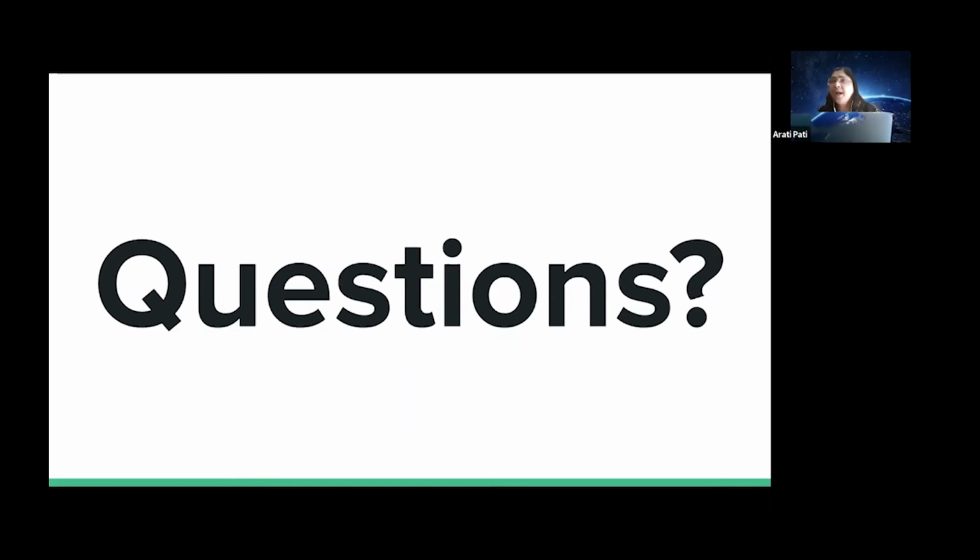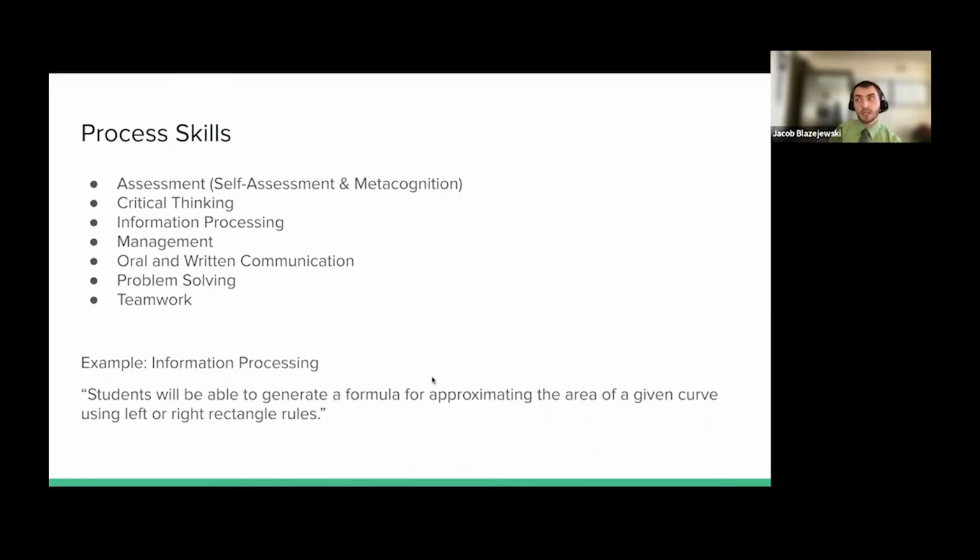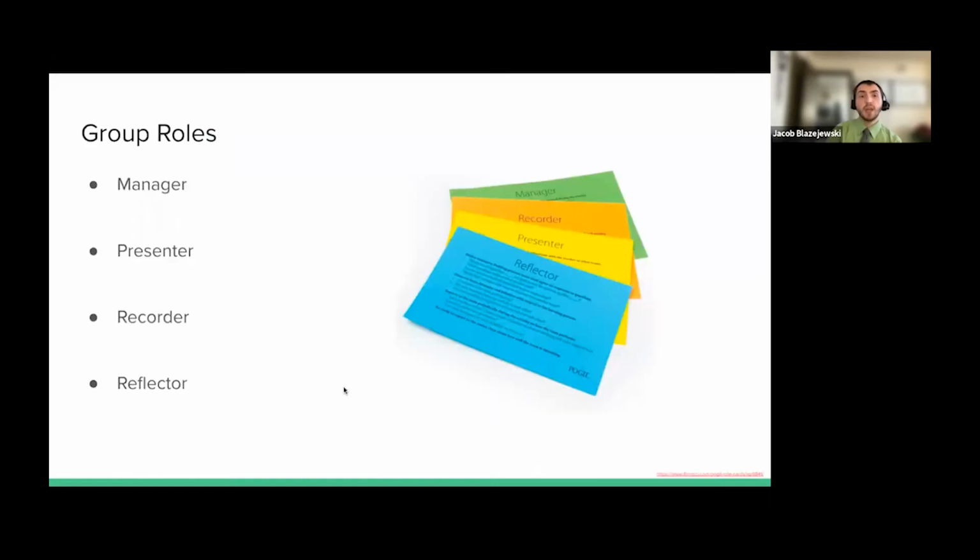How do you divide their workload as a manager, as a recorder, as an assessor? Which part do they take, or is everybody doing the process? So the whole group should be gaining the process skill. A process skill would mean one of these things that they get a chance to work on. But then for roles, each group member gets just one role.